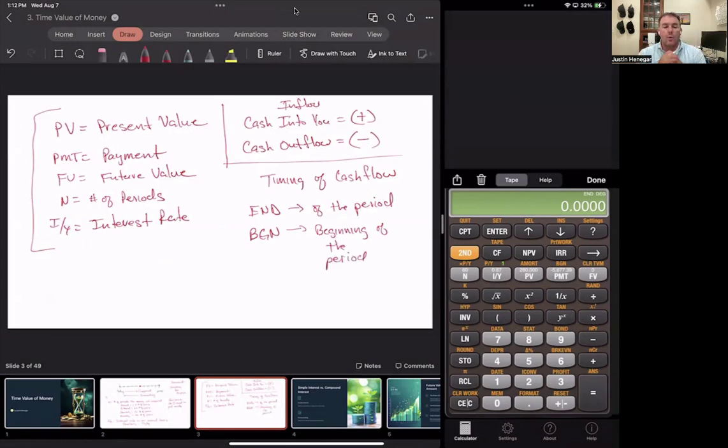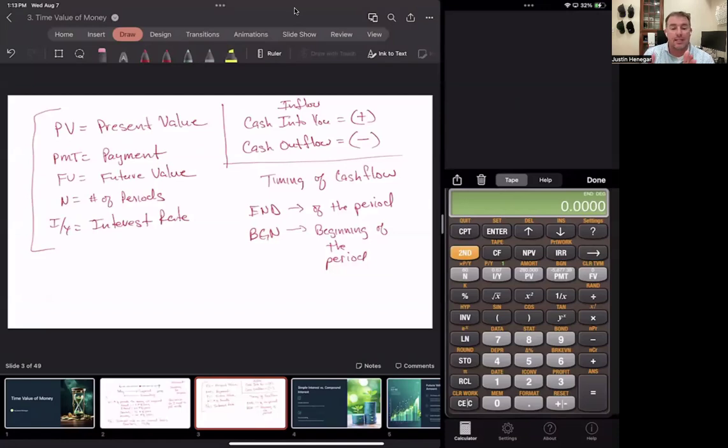Okay, let me give an example. When we're doing retirement calculations, we may need to know how much we need in retirement, but that retirement payment needs to come at the beginning of the month, not at the end of the month. Why? Well, we have all of our bills to pay in the month. And the reason this is important is because as our calculator is doing the calculations, it no longer can compound that first payment.